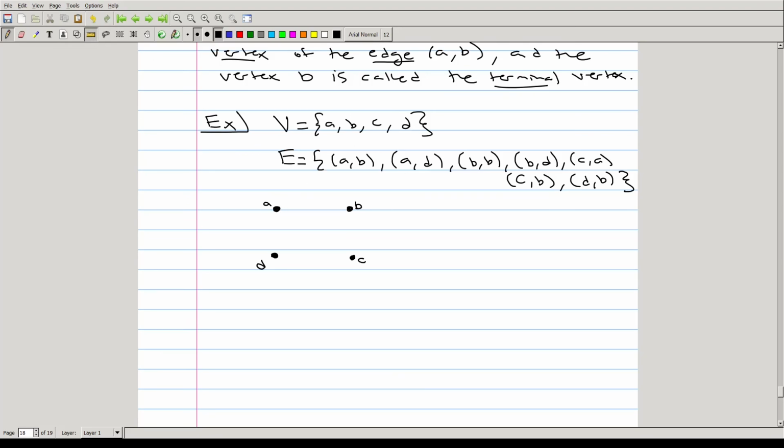We have AB as a directed edge in the graph, and we have AD as a directed edge in the graph. We have BB, which is a loop from B to itself in the graph. We have an edge corresponding to BD.